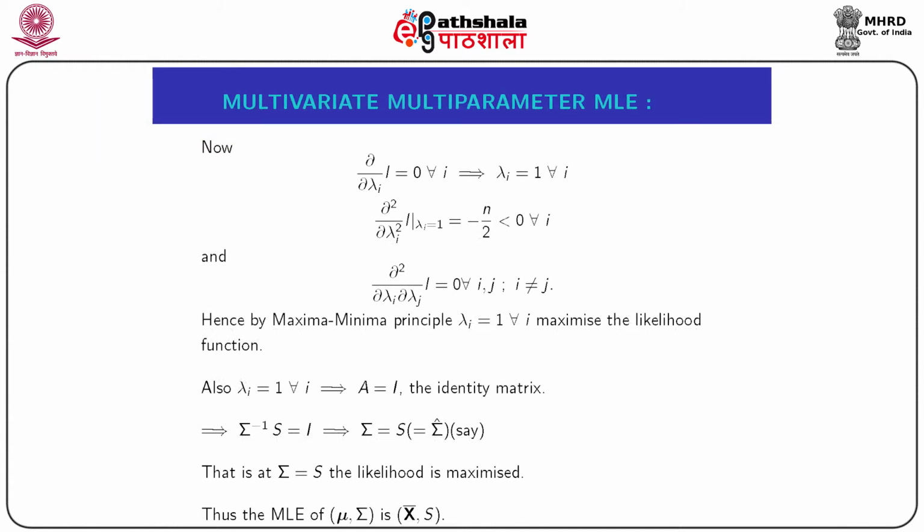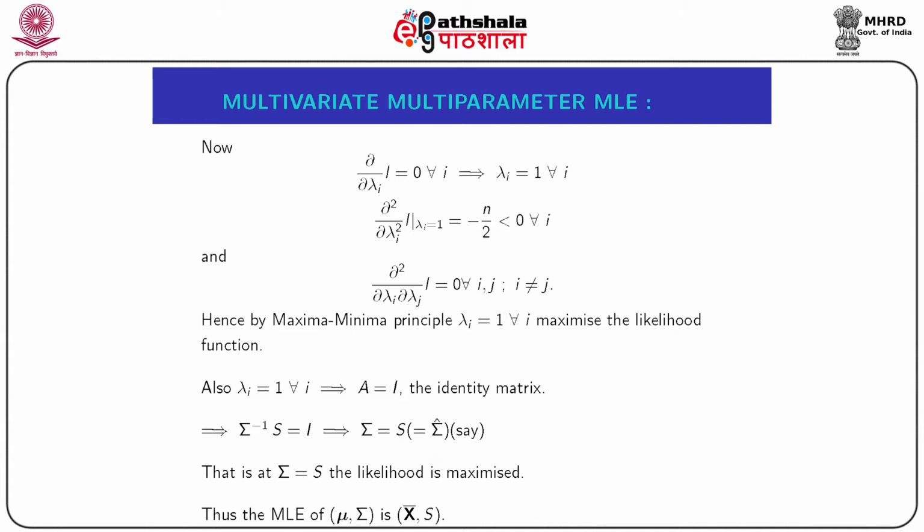Now, the first order derivative of small l with respect to lambda i equal to 0 for all i implies lambda i equal to 1 for all i. Obviously, this equation is nothing but the likelihood equation for all i from 1 to p.